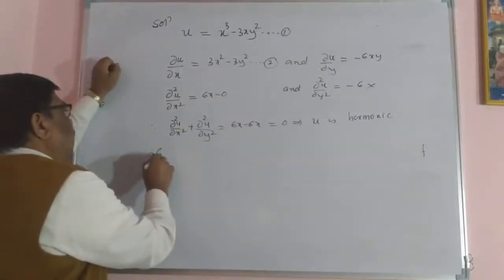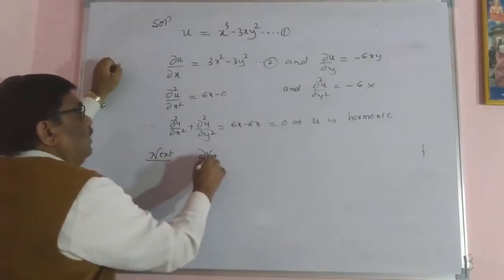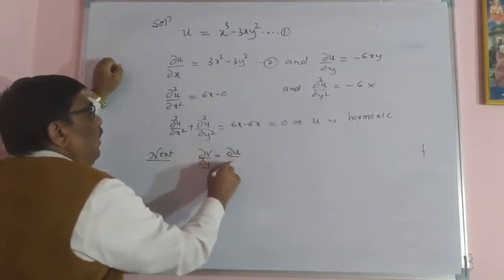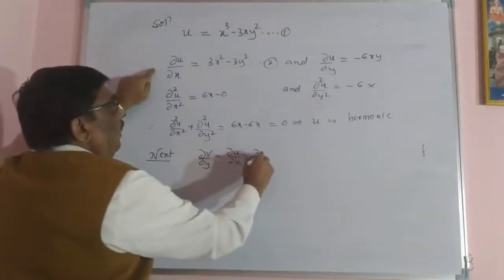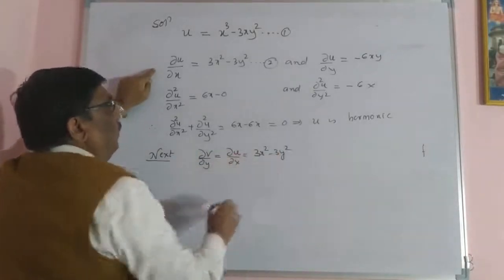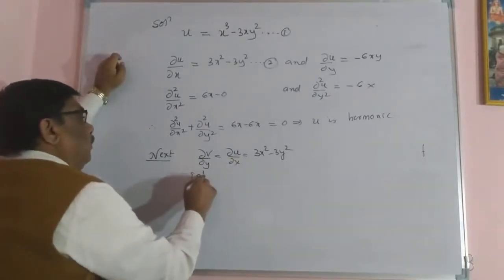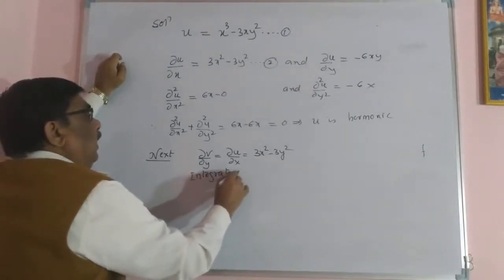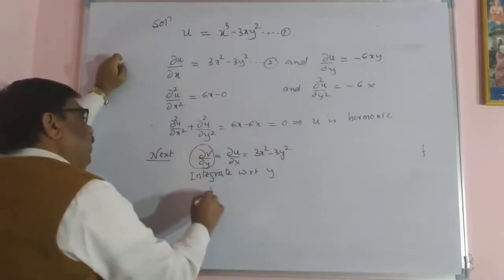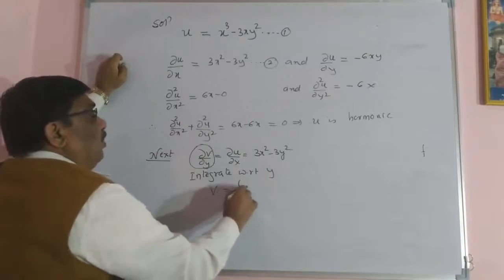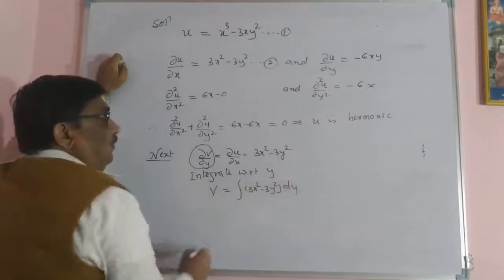Next, I would like to find dou v by dou y. You start with this. You know by the CR equation it is dou u by dou x, and dou u by dou x is already there: 3x square minus 3y square. Now integrate with respect to y. v equals the integration of 3x square minus 3y square dy.